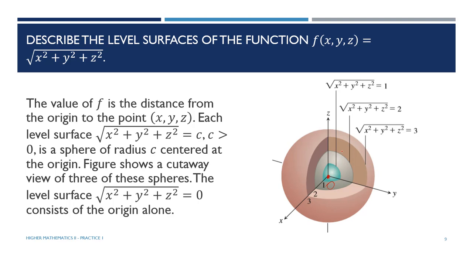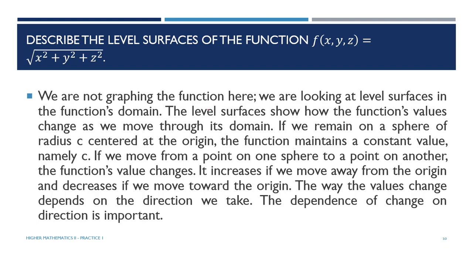And we'll try to imagine the 3 level surfaces when c equals 1, when c equals 2, and when c equals 3. We are not graphing the function here. We are looking at level surfaces in the function's domain. Why? Because we have 3 variables, x, y, z, and also we have a function, which in this case we may call w.